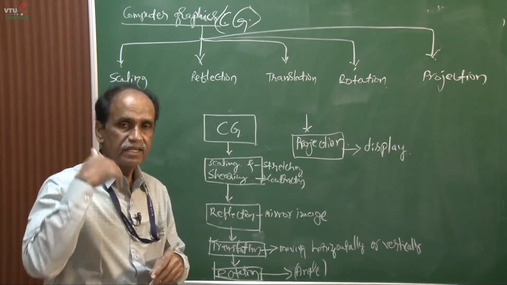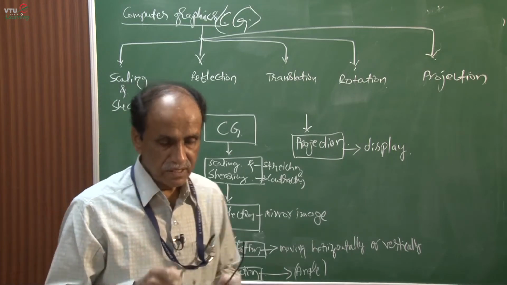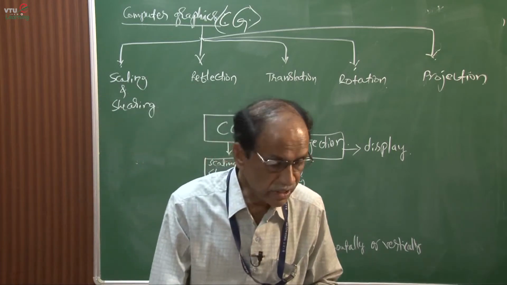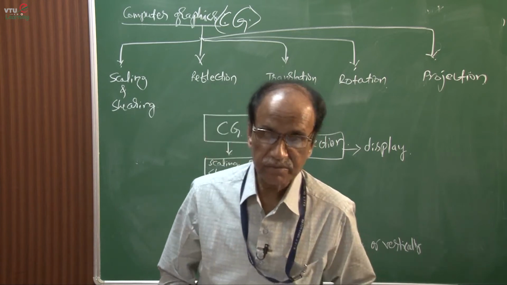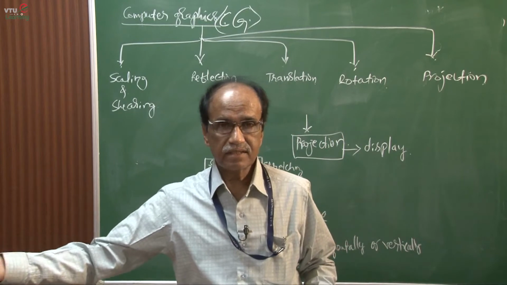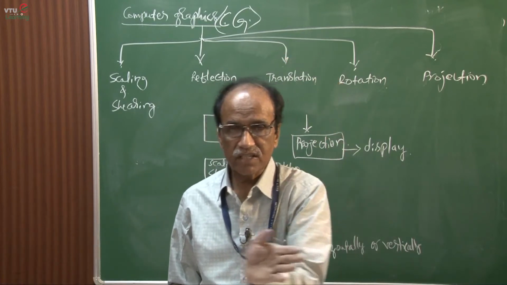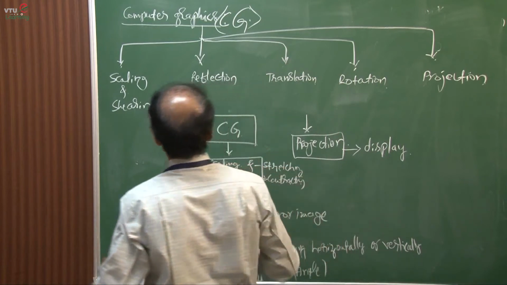That means finally the display situation that you are going to consider. Like this it goes. I will take one example on this as a mathematical problem: how the triangle can be stretched vertically with respect to the y-axis, and horizontally with respect to the x-axis.